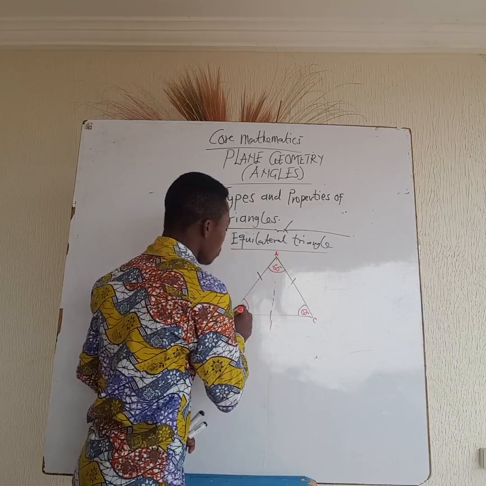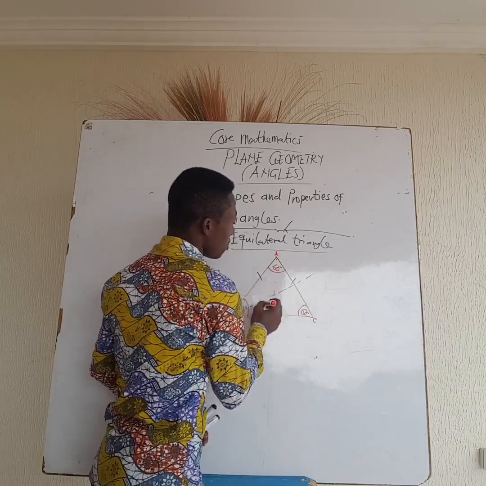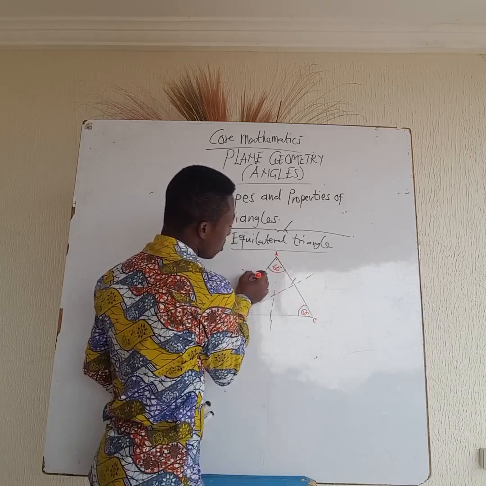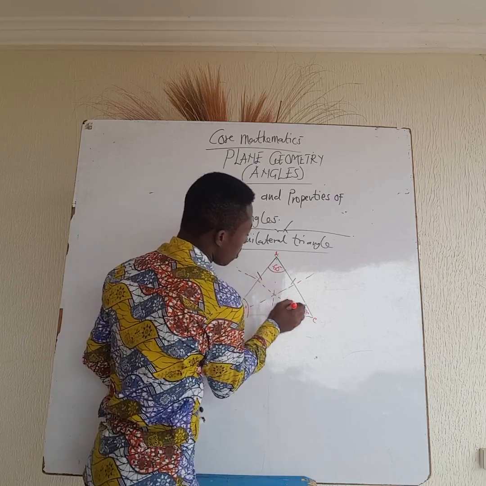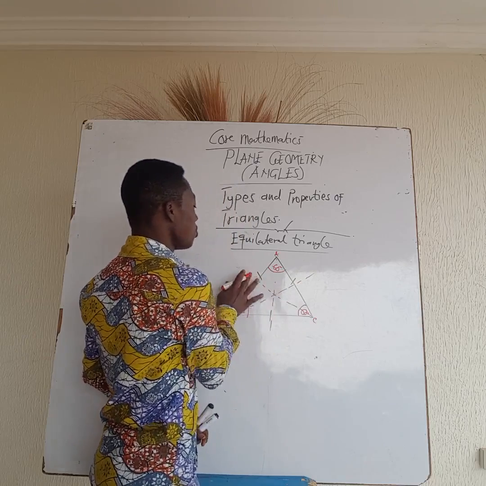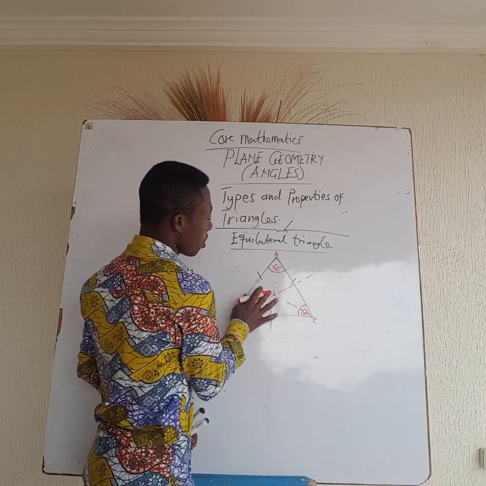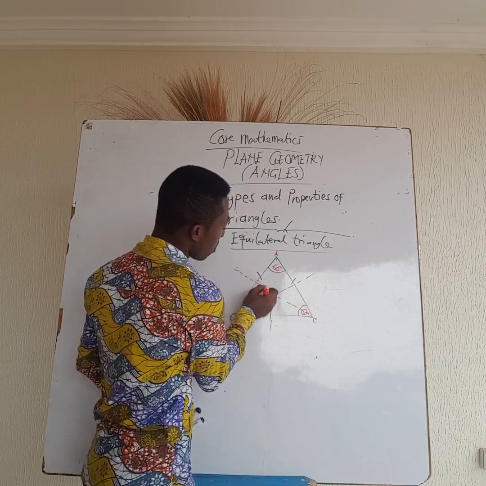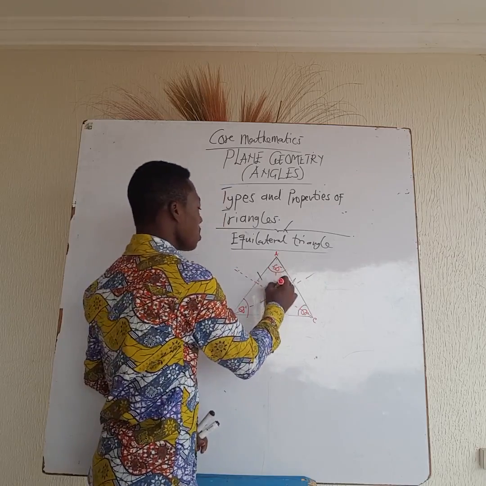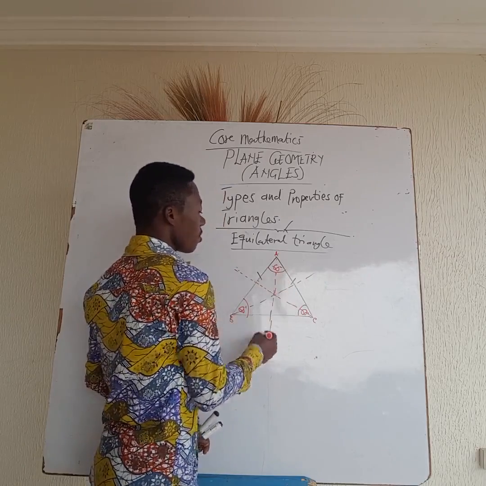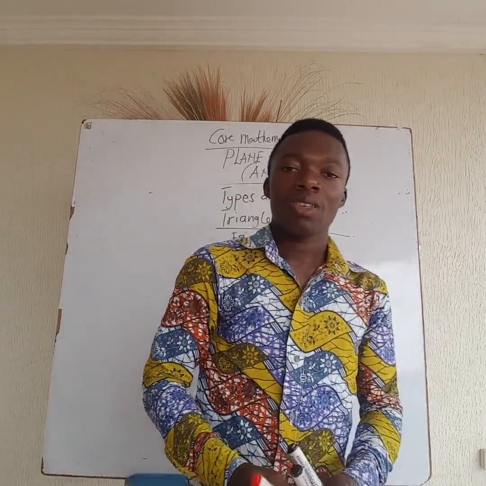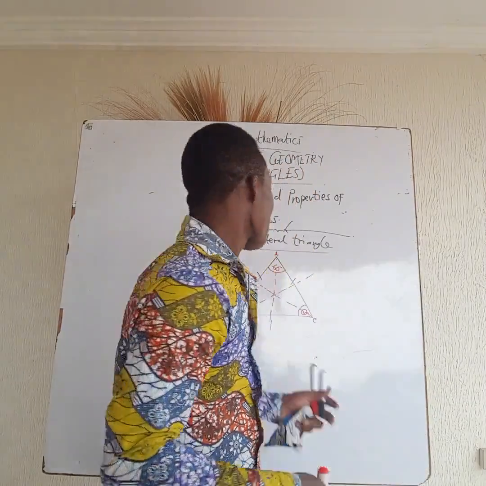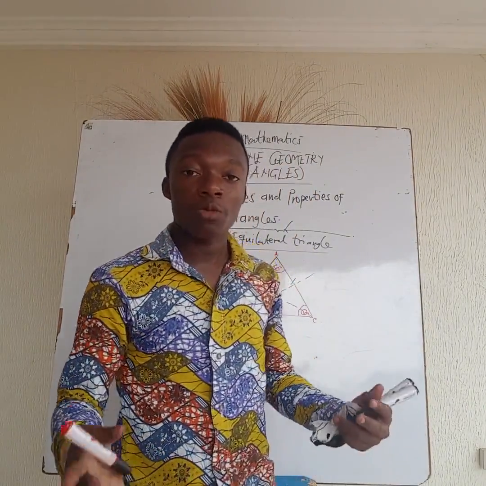Then also, we can say that you also have what we call 3 lines of symmetry. Also, when you say a line of symmetry in any regular polygon, we are talking about a situation where we have a paper section of that shape, and we fold it.